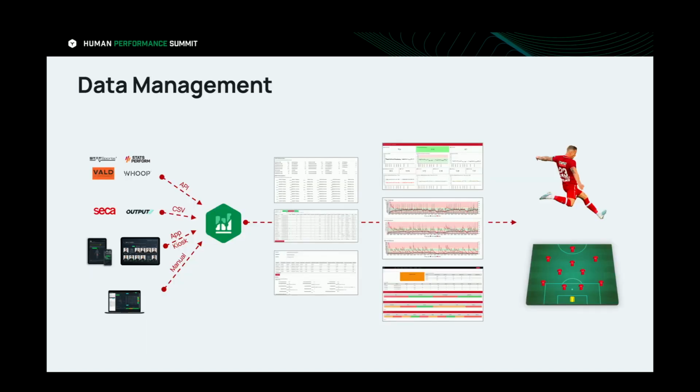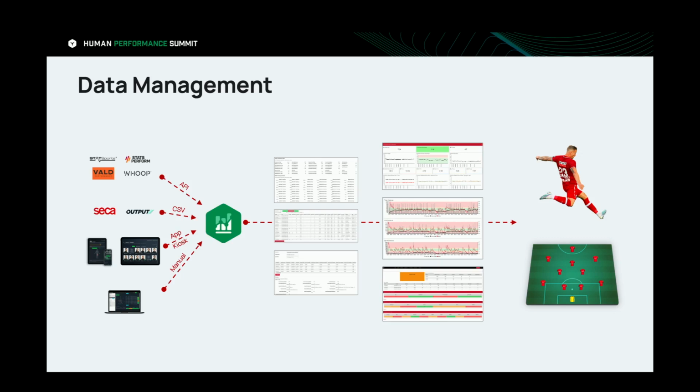So all this data is flowing into the system, whether it's via APIs, via the smartphone, or the therapists adding something in the computer, everything is coming together. We do our calculations and our analysis in the system. We create dashboards.